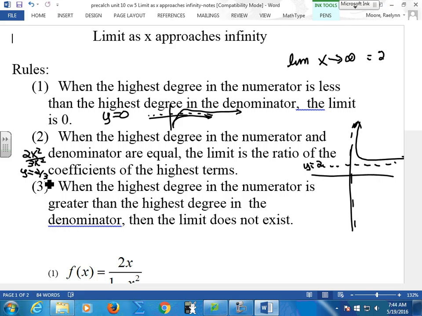So now instead of saying y equals, we just say the limit is 2/3. And your last one, when the highest degree in the numerator is greater than the highest degree in the denominator, the limit does not exist, because we said there was no horizontal asymptote, right? And what happened when the degree in the numerator was 1 more than the degree in the denominator? What did we look for?